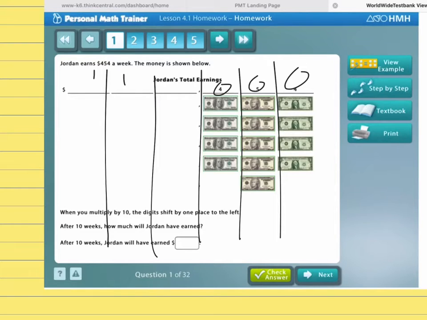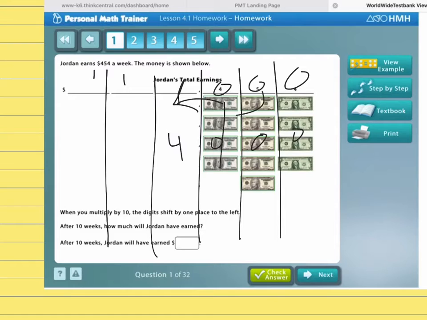So if Jordan earns $454 a week, when you multiply that by 10, the digits shift where? Well, here you have 400s, and those are going to get 10 times bigger. Every time you move to the left, the digit gets 10 times bigger. So instead of 400, it turns into 4,000, like that. So after 10 weeks, each of these numbers is going to shift.